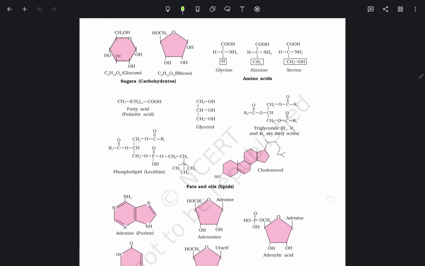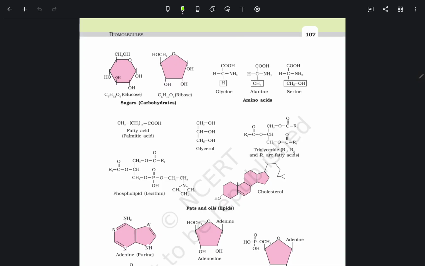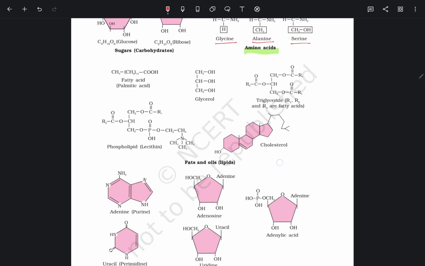So these are the pictures. Here, the first picture shows sugar, carbohydrate, which is glucose and ribose. Second is amino acid, which is showing glycine, alanine and serine.